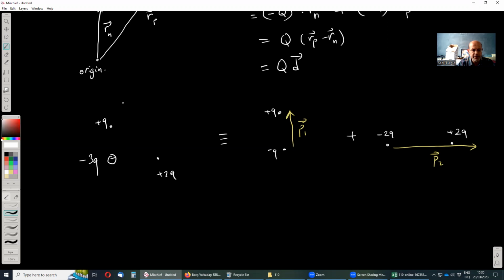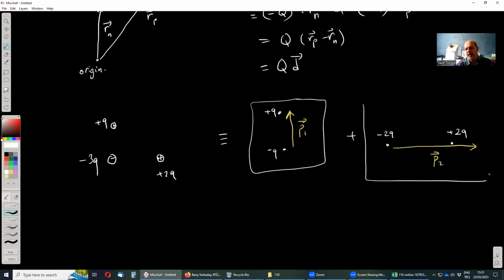I don't know if this is understood. We have a system where the total charge is 0, but we have more than 2 charges. In that case, you can consider it as a dipole combined with another dipole, and the total dipole moment is given by the sum of the dipole moments of these two dipoles.